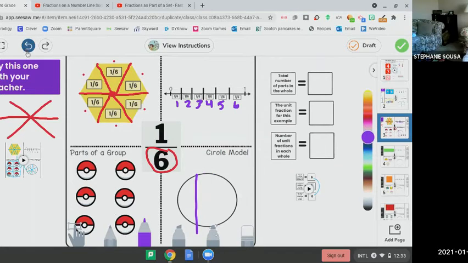So we're going to do the same thing we did for the hexagon. Go ahead and grab a dot and place it in the center of that circle. This is where all of our lines, our partitions, are going to come to meet. So now I'm going to go ahead and create 6.